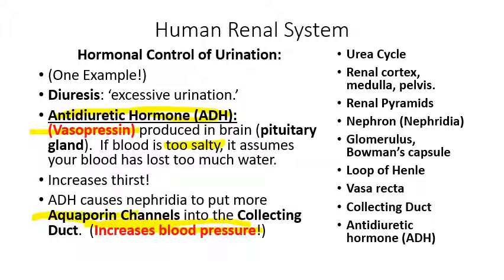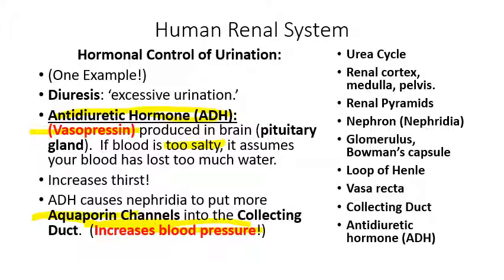Okay, so we mentioned the fact that the brain will send this signal based on the saltiness of the blood, assuming that if your blood is very salty, it must be because you've lost some of the water from the blood, but that assumption may not be true. It may actually be that your blood is salty because you've eaten a lot of salty food, and therefore the brain would guess wrong about the reason for the blood salt concentration being high.